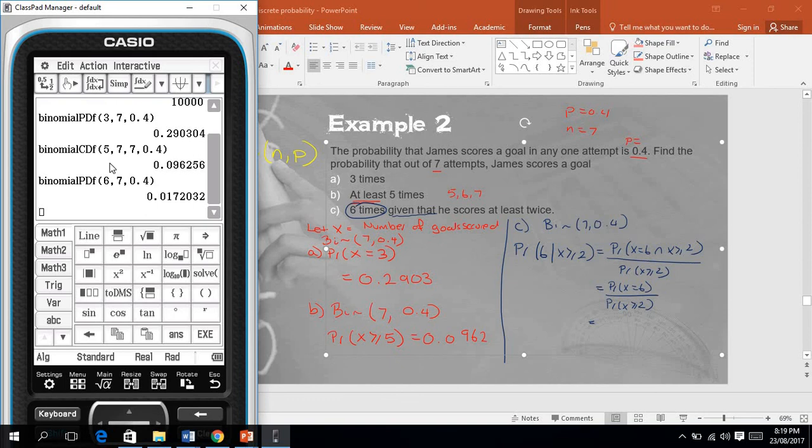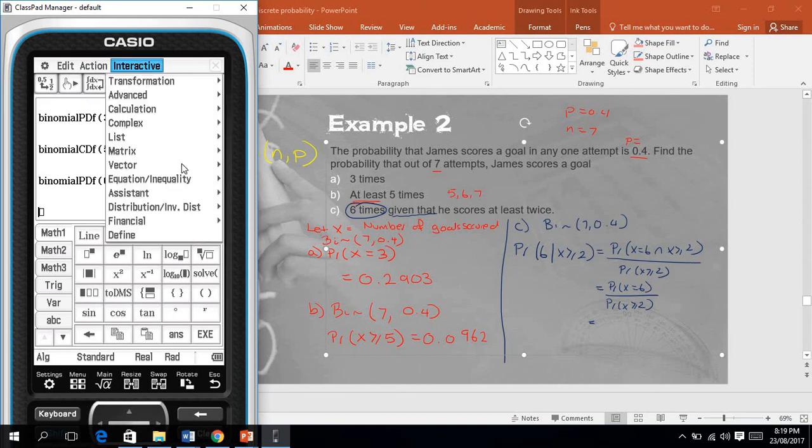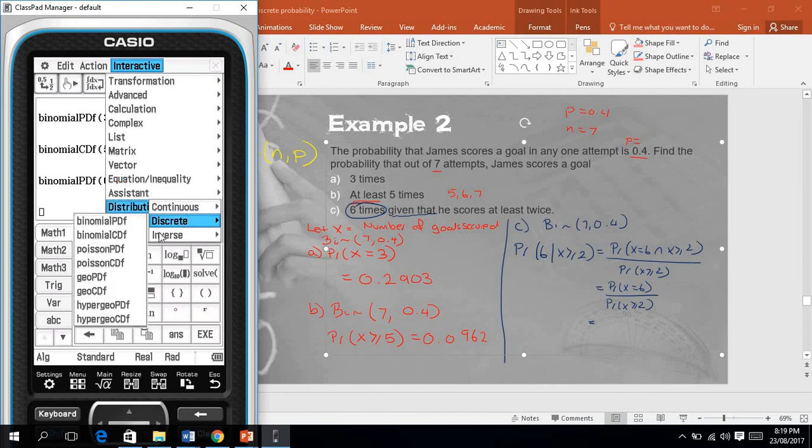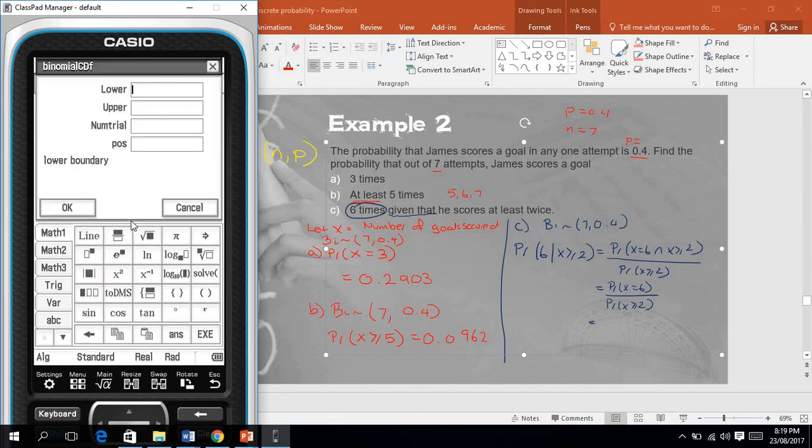Probability x is greater than or equal to 2, we've got to use our distribution discrete, but it's CDF because it's cumulative, more than one x value. Our smallest value that x can take is 2. Our biggest value x can take is 7 because that's how many times he's attempting goal.